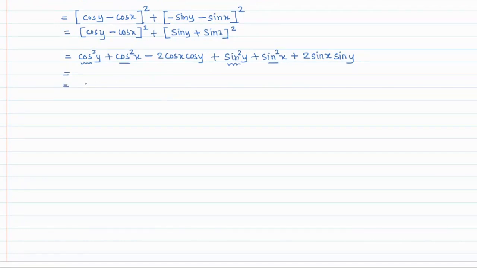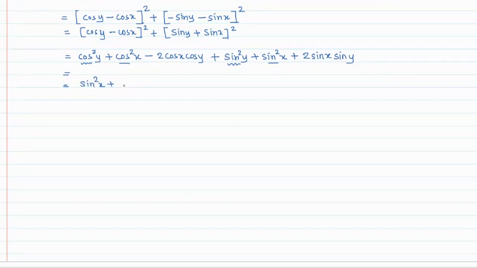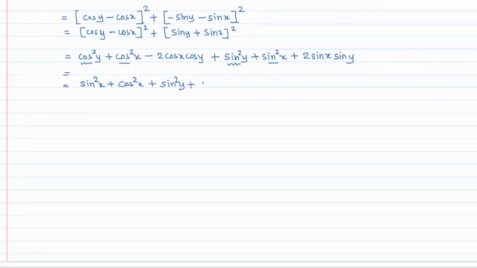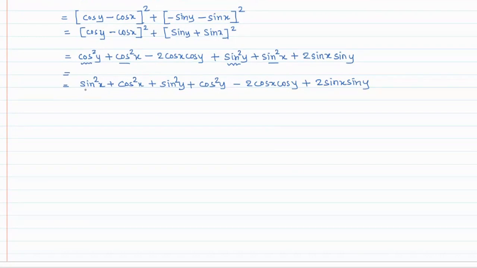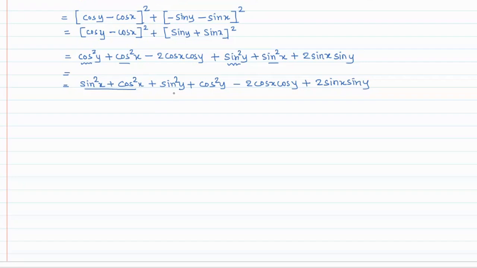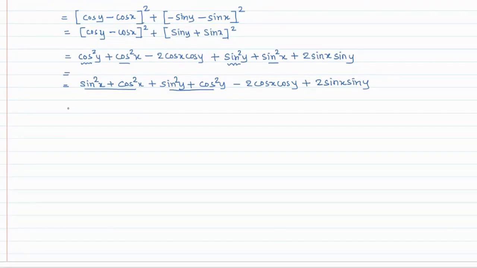So if I take sin square x plus cos square x plus sin square y plus cos square y, then these two terms, minus 2 cos x into cos y plus 2 sin x into sin y. The value of sin square x plus cos square x is 1. The value of sin square y plus cos square y is 1.